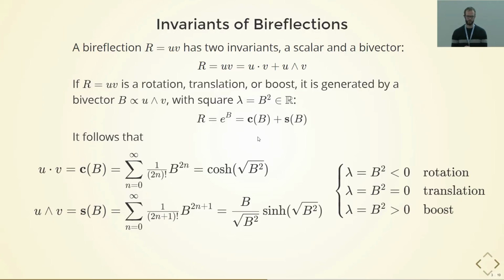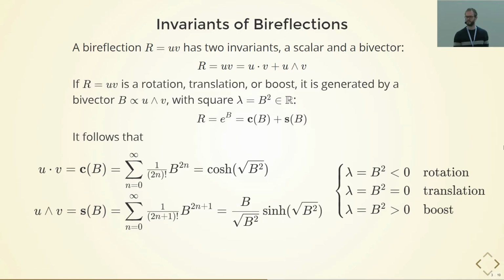And it is worth pointing out that there's no need for conditional statements for the different cases of rotations, boosts, and translations, because if you say the dot part, U dot V, is the cosine part, and if you just work out that series, you find that that's the cosh function of the square root of B squared. And if B squared is negative, then this corresponds to a rotation. If B squared is 0, it becomes a translation. And if B squared is positive, it's a boost. So if you write it this way, all the cases are covered.